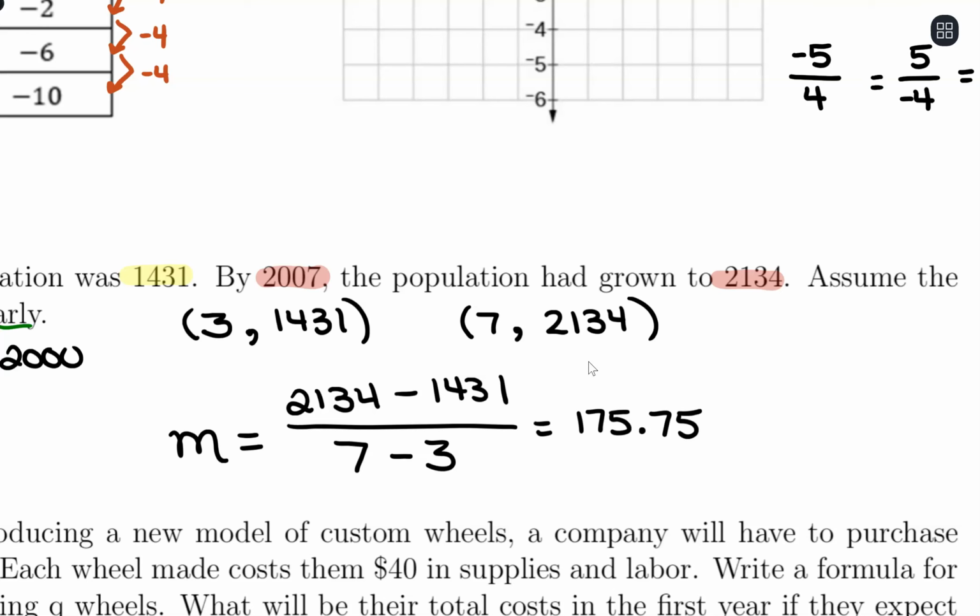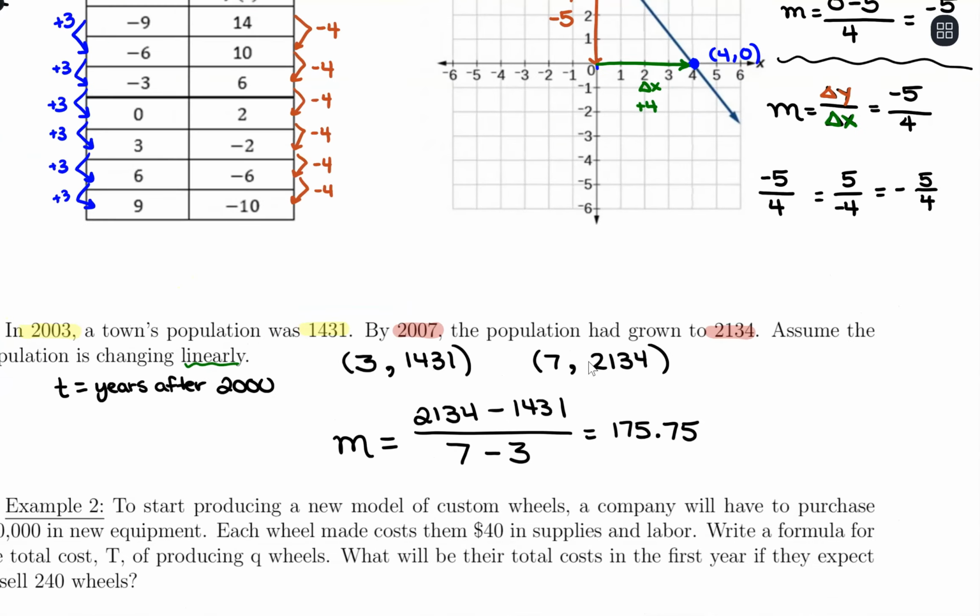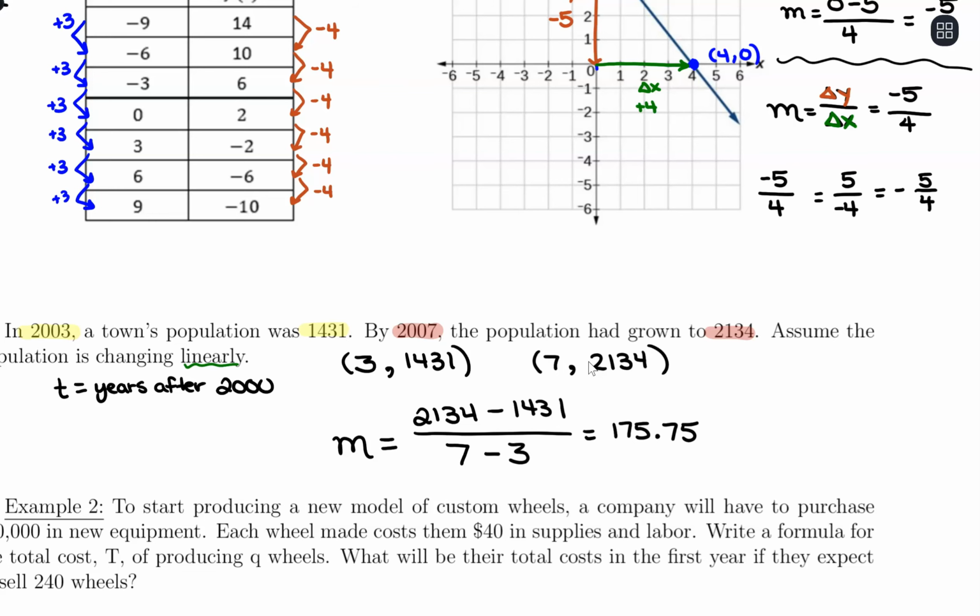And in terms of slope, this is giving us a rate, since we have context here, so let's talk about this. Let's go with the population. The population of this town is, our slope is positive, so it's increasing.